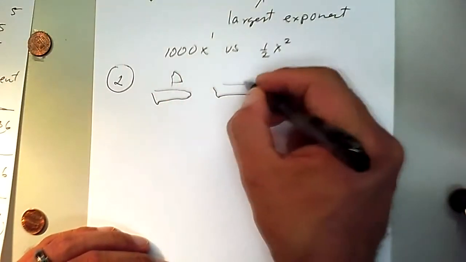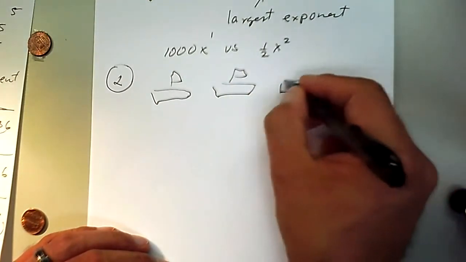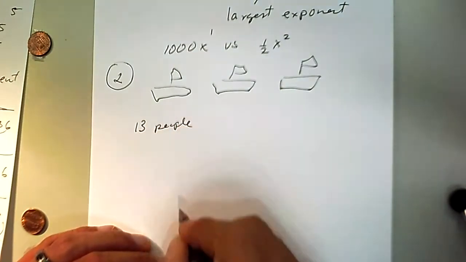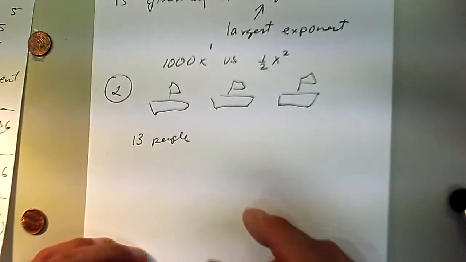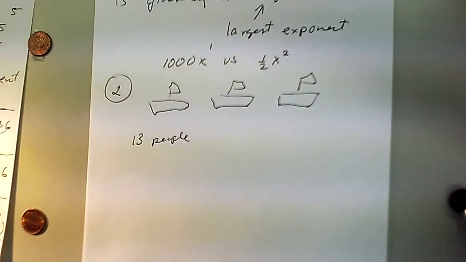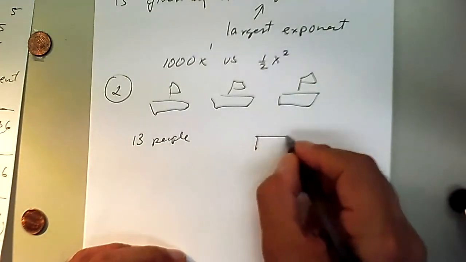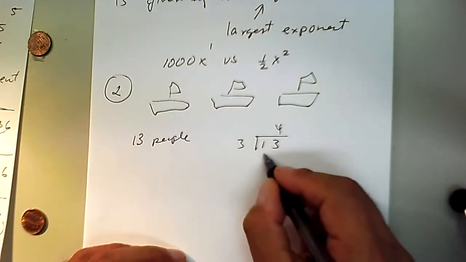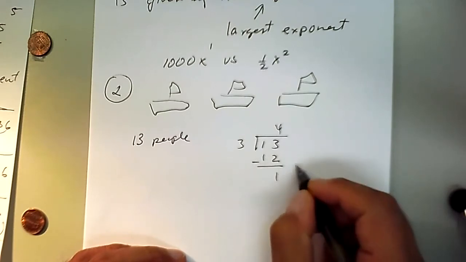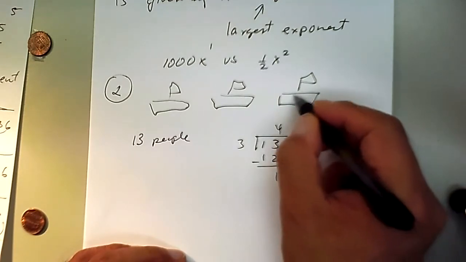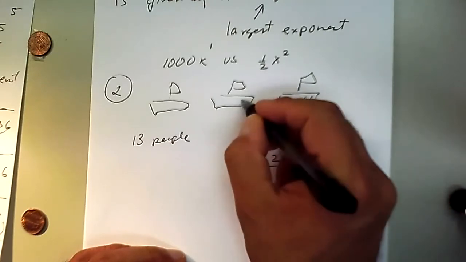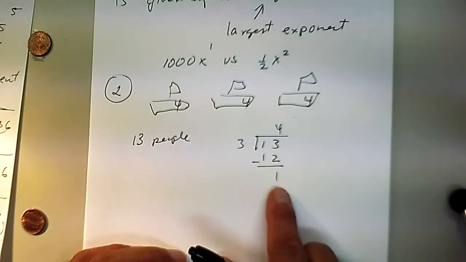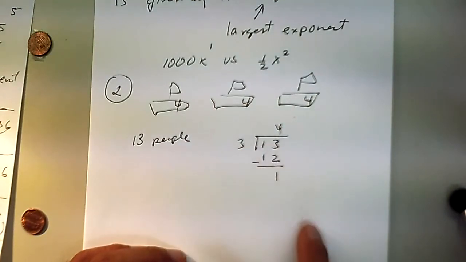There's sailboat, and sailboat, and then there are 13 people to put in the boats. So how many people should be in each boat? Well, of course, we do 13 divided by 3. That gives us 4. 4 times 3 is 12. Subtract, and we end up with 1. So this tells us that we have to put 4 people in each boat. And then there is going to be one who's not going to go in the boat ride.